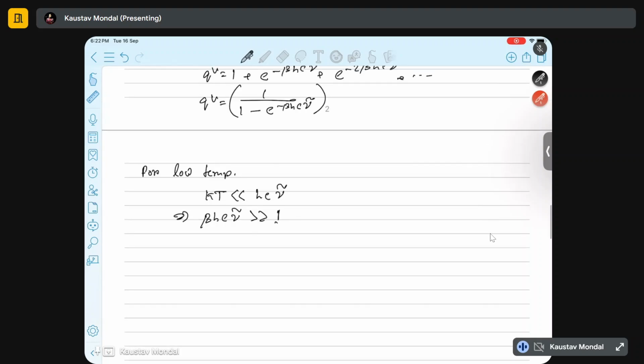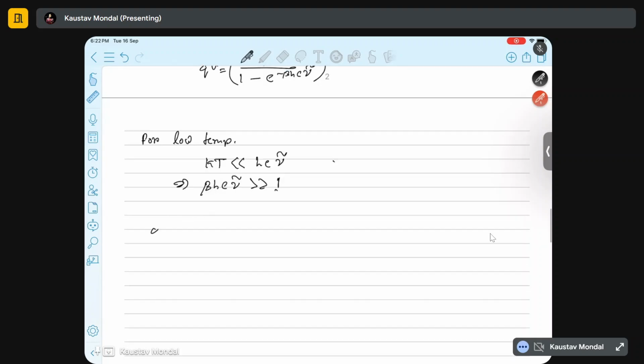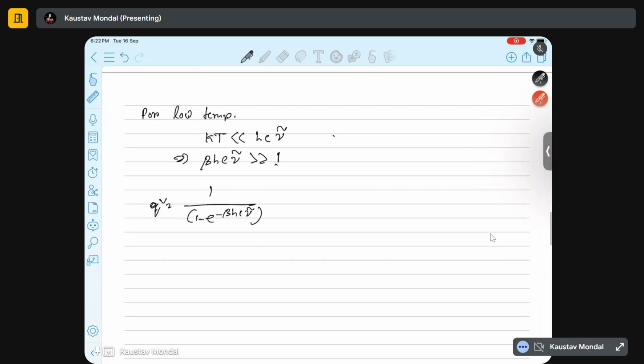QV's expression is 1 by 1 minus e to the power beta hc nu tilde. This thing becomes very high, so 1 by infinite gives you 0. So QV approximately becomes 1.